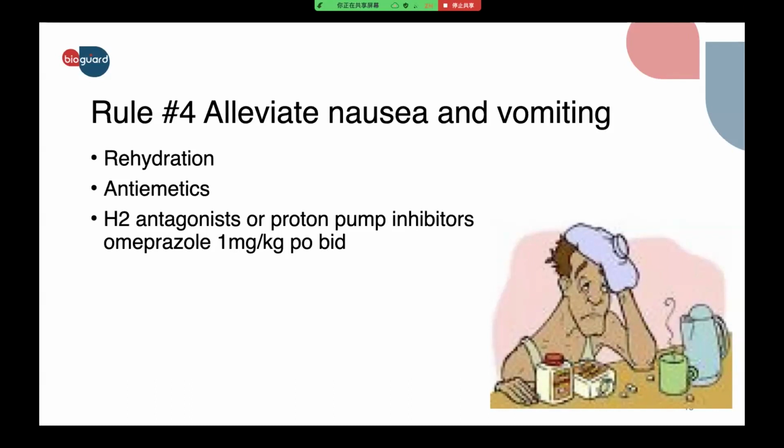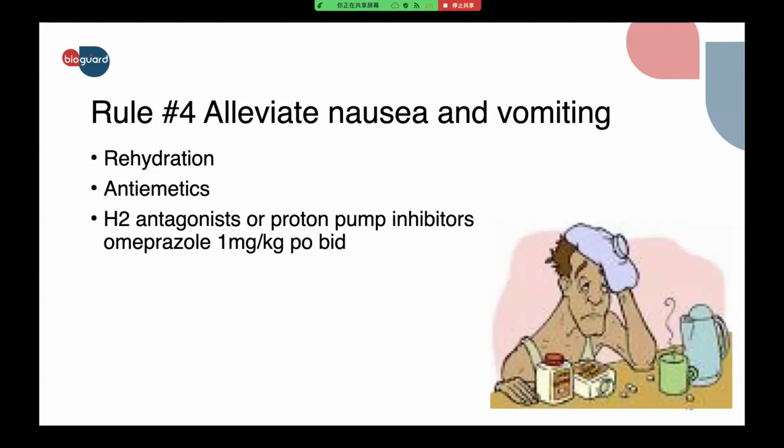I will use H2 antagonist medicine like cimetidine or famotidine in one scenario: when we are doing surgery and the animal has regurgitation. The stomach fluid goes to the esophagus.